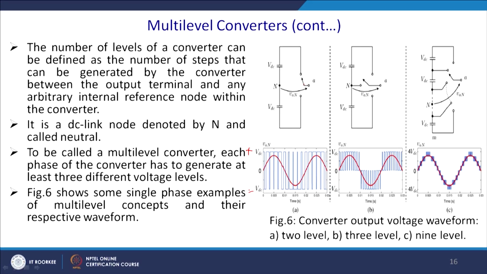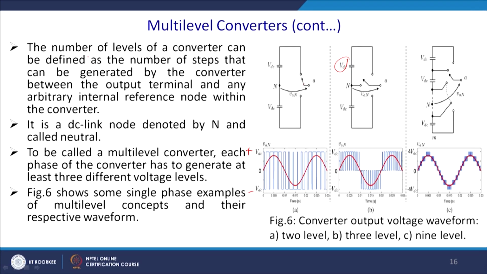This is your 2 level, or you may have the intermediate level, where you can connect to the midpoint of the VDC capacitor, which is assumed to be 0, and also the negative VDC. So, you have a 3 level inverter. In the same way you can have a multi-level staircase inverter, and it is close to the sine wave.